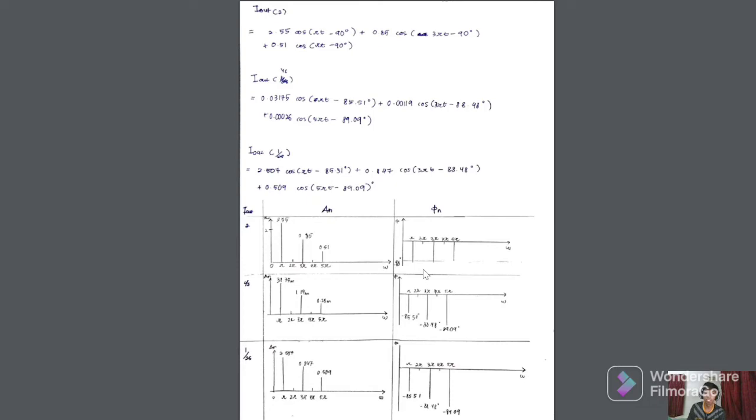So that's for the phase graph. For n equal to 1, we got negative 85.51, and when n equal to 3, we got negative 88.48 degree, and lastly, when n equal to 5, we got negative 89.09 degree. So that's all from me. Thank you.